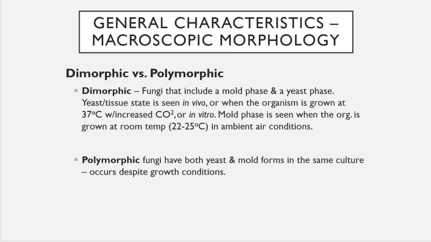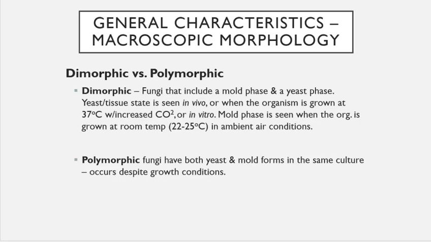Now we need to discuss the difference between dimorphic and polymorphic. Dimorphic fungi include a mold phase and a yeast phase. The yeast tissue state is seen in vivo, meaning within the organism, when the organism is grown at 37 degrees Celsius. Remember, 37 is around body temperature, with increased CO2, or also in vitro, outside the organism.